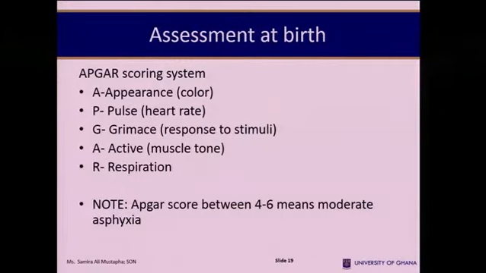And then above that is 1. And when it's very active, the baby's whole body, including the extremities, is pink. So I'll refer you to read more on APGAR scoring, and note that when the APGAR score is between 4 to 6, then it connotes that the baby is moderately depressed.